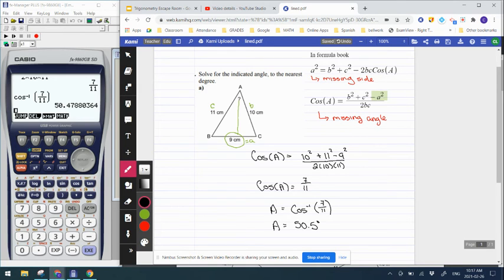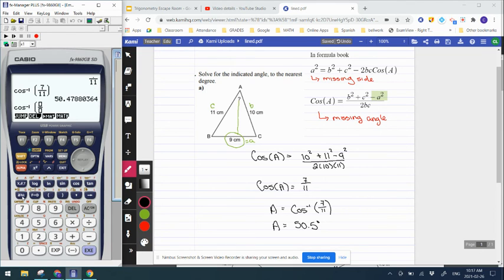Now these calculators are powerful enough to do this all in one step if you wish. So what you can do is you can go right off the bat putting in your inverse cos, because whenever we're looking for an angle, we need the inverse. So we're going to go shift cos. Put in our brackets. And then we're going to put in our equation.